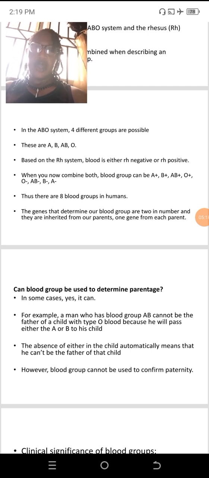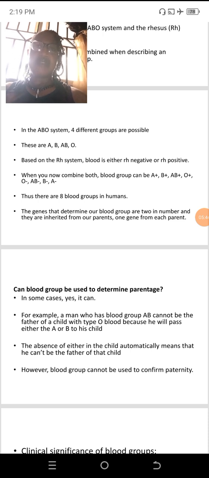For example, you have a man that has blood group AB, and then you have a child that has type O blood. Definitely, that man cannot be the father of that child, because if he's the father, you will either find the A or the B inside the child's blood.